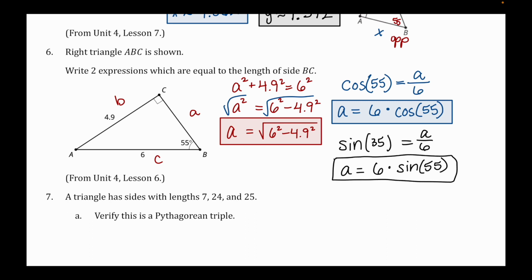But sometimes I make a mistake and I finish the problem and then I catch it and I have to go back and edit the video together. But just so you guys can, and I even made another mistake here. Come on, Miss Bauman, what are we doing? This is 35. My brain is all over the place. Sine of 35. So if you caught that one, good job, if you caught it before I caught it. 6 times sine of 35.